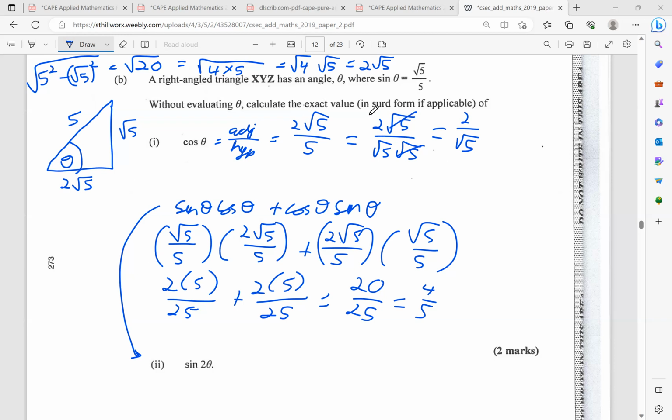Is 2 over root 5 the same as 2 root 5 over 5? Correct. So you could use either one. So 2 root 5 over 5 is applicable. Yes. Okay, cool.